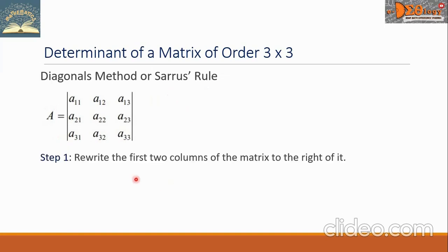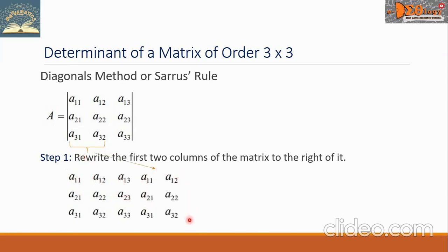Step 1 is we rewrite the first two columns of the matrix to the right of it. These are the first two columns, but we're going to write first the original matrix. Then the two first columns we will write somewhere here.